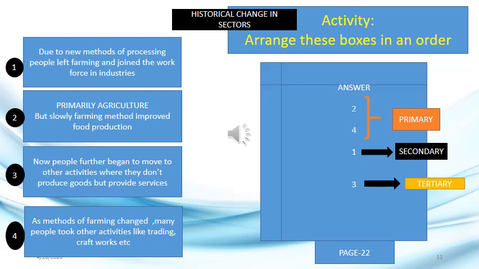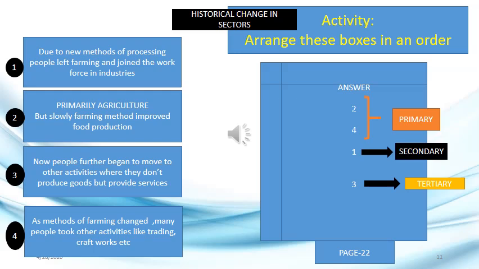As the farming method improves in any country, many people start taking up other activities also along with the primary. But primary is the main. Along with the primary main activity, people also engage in other activities like trading or craft works. So box number 4 occupies the second position.